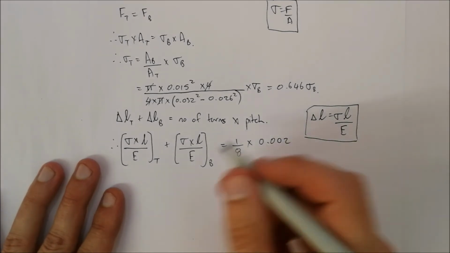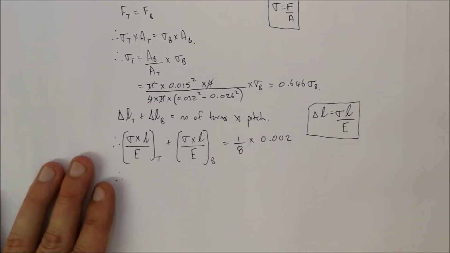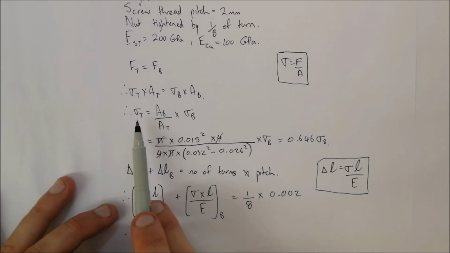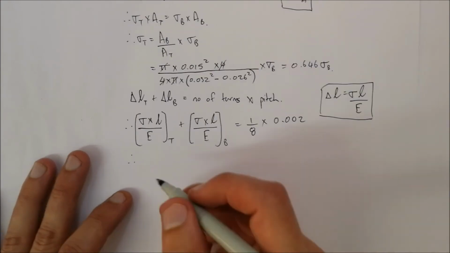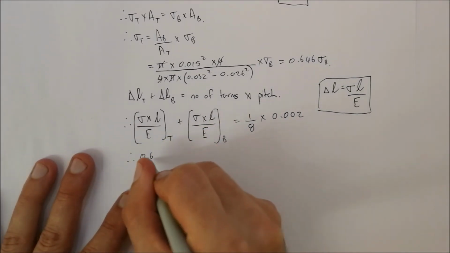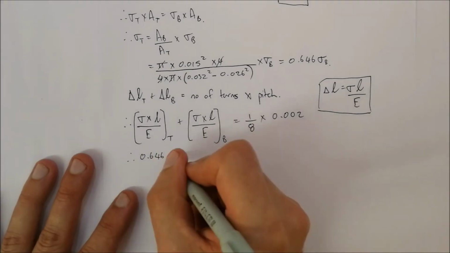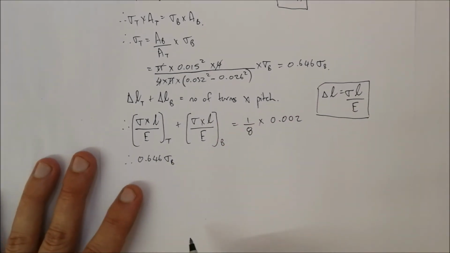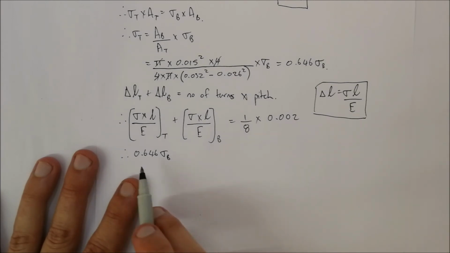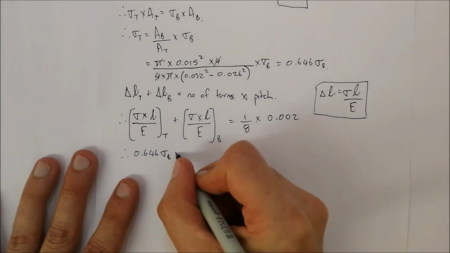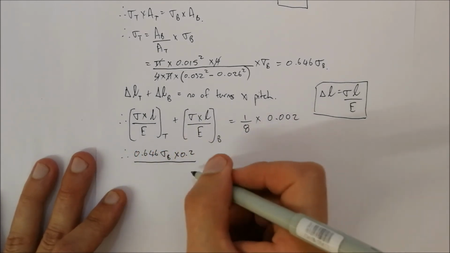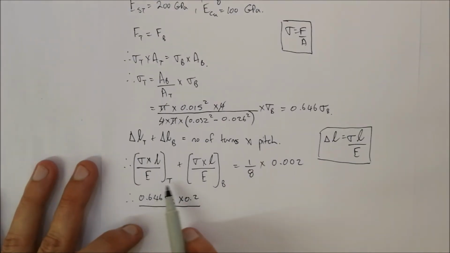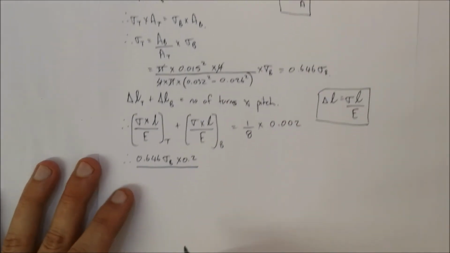Okay, so therefore, now we know that the stress of the tube, we just calculated that, is equal to 0.646 stress of the bolt. Okay, so we're going to use that, 0.646 stress of the bolt. Okay, multiply that by the length. We were told that it's 200 millimeters, so multiply by 0.2, divide by the E value for the tube, and the tube is made out of copper, so that's 100 gigapascal.